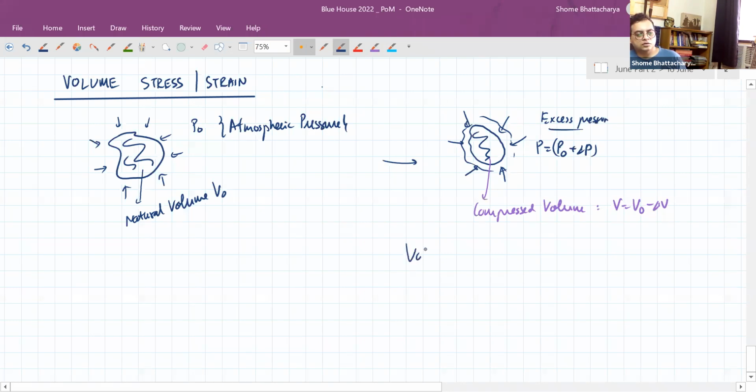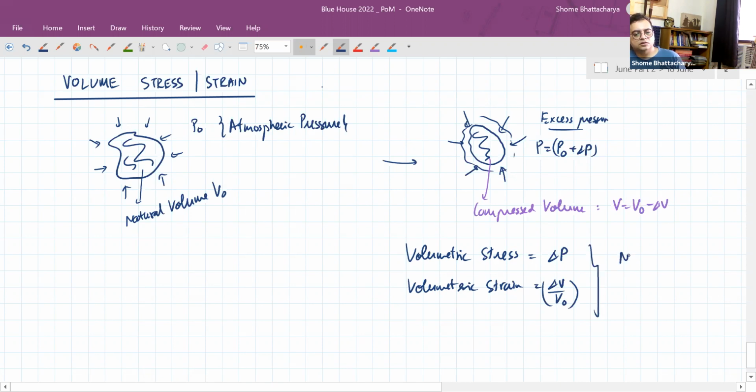So the volumetric stress is just written as the excess pressure, and the volumetric strain is the fractional change in volume. Now, in this case, delta P and delta V are with algebraic sign.